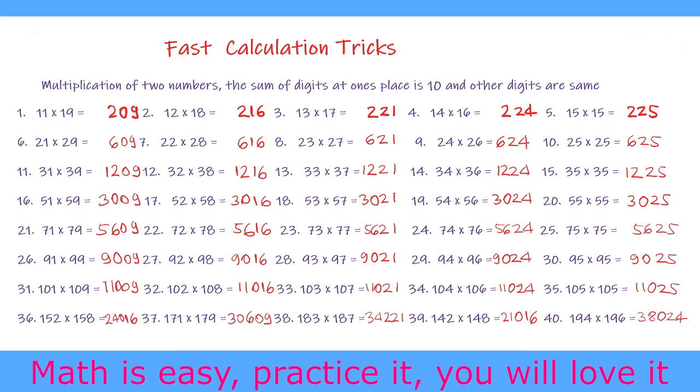So our multiplication of 194 multiplied by 196 is 38,024. This way we can multiply the numbers. The sum of digits at one place is 10 and the remaining digits are same. Then we have to adopt this method to multiply it fast.